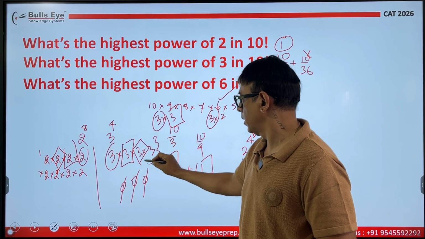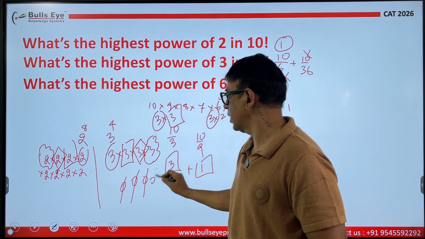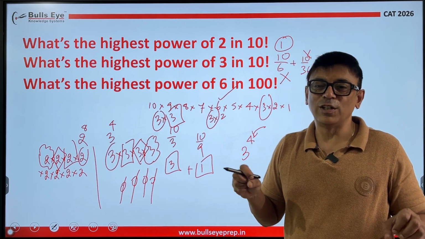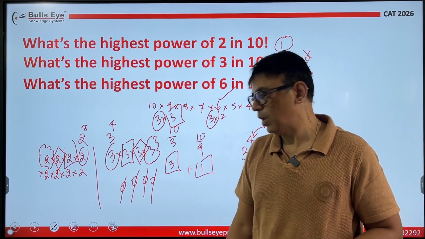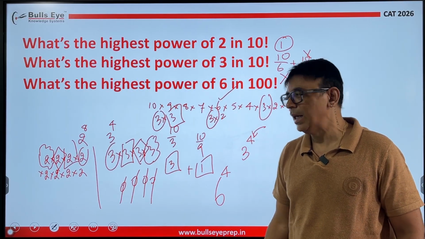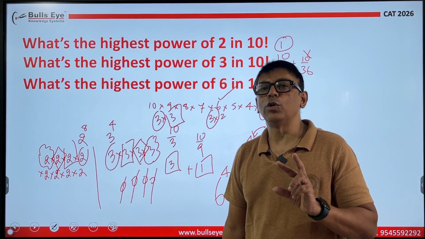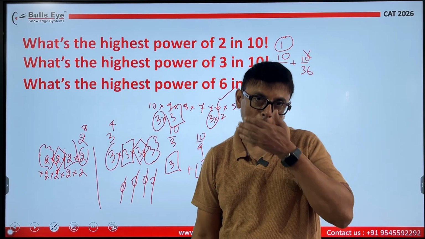And 3 into 2, that's the other 6. So we could manage to get 4 pairs. So the highest power of 6 is 4. The simple way of dealing with it is that the minimum of the two decides the maximum pairs.